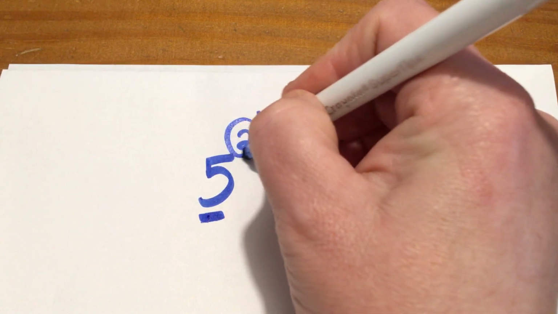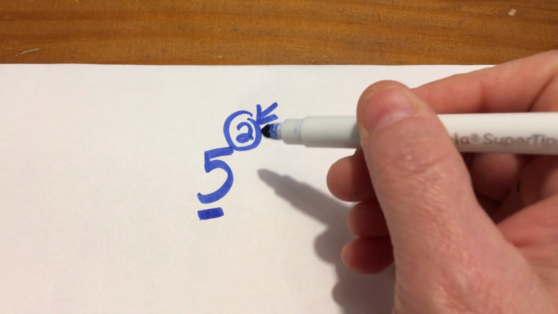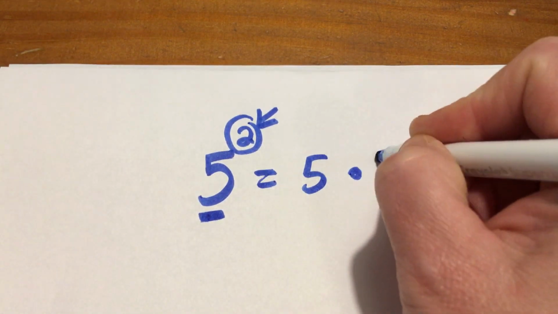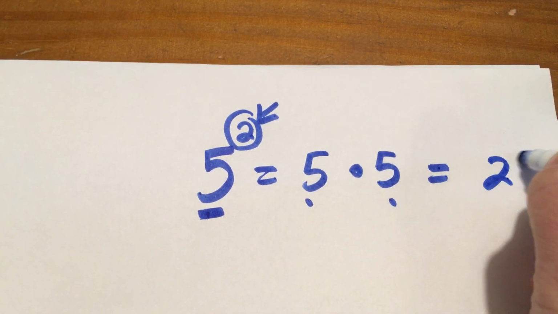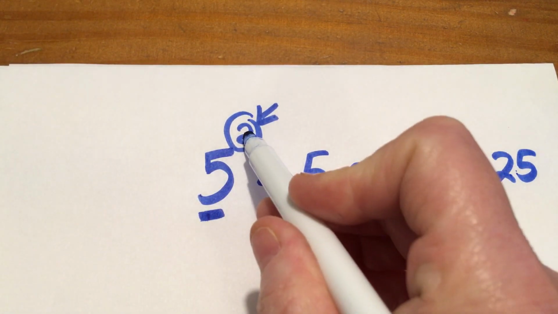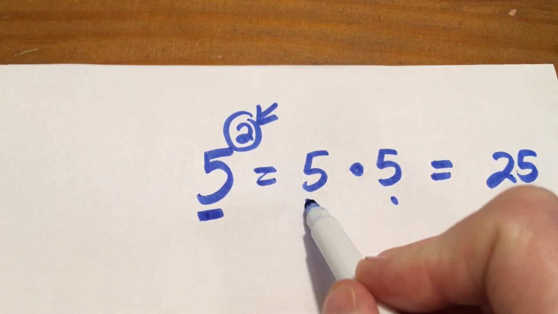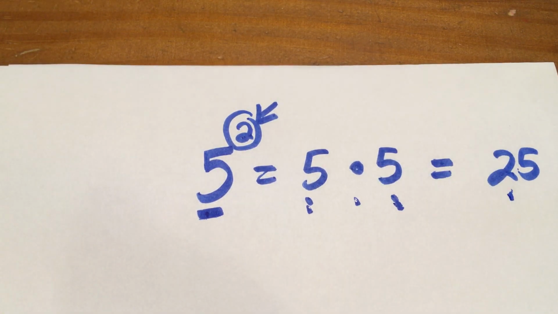So this 2 says to multiply this 5 by itself 2 times. So 5 times 5, 2 times, is 25. So 5 squared, or 5 to the second power, equals 5 times 5, or 25.